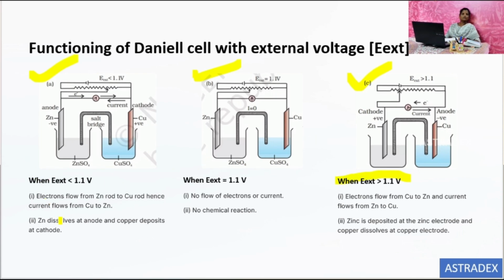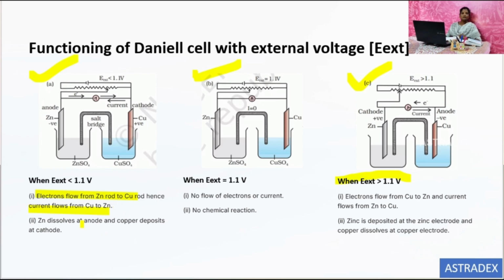So now let me move to case number 1. When the external voltage is less than 1.1 volt, it will be as it is, like a Daniell cell. The electrons will flow from zinc to copper, whereas current will flow from copper to zinc.